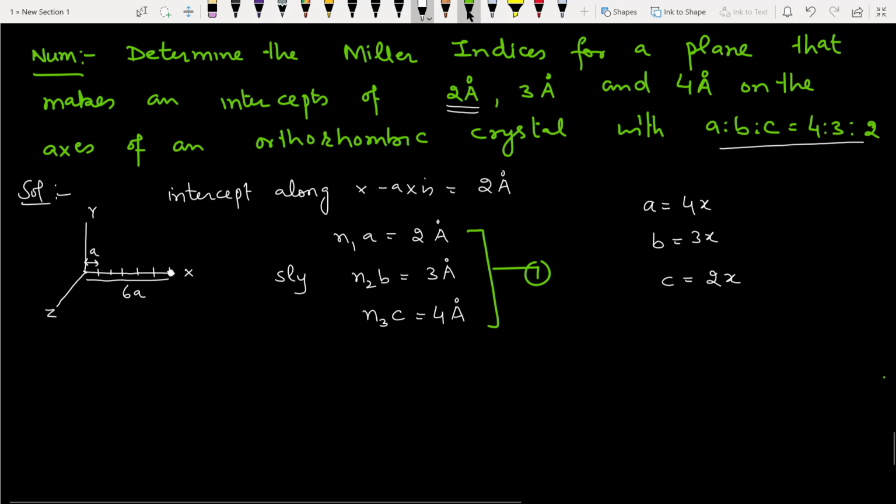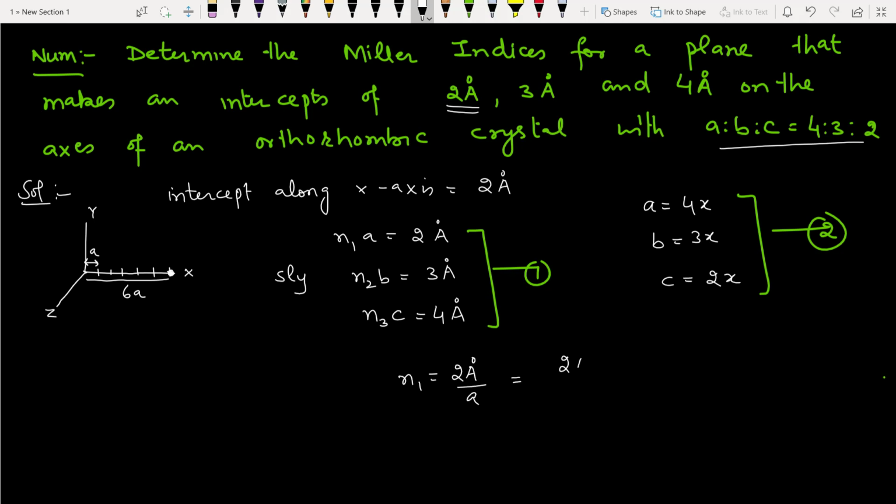So from these two equations, n1 will be 2 angstrom divided by 4x, which is 1 angstrom divided by 2x. n2 is 3 angstrom by B, which is 3 angstrom divided by 3x, so it is 1 angstrom divided by x.